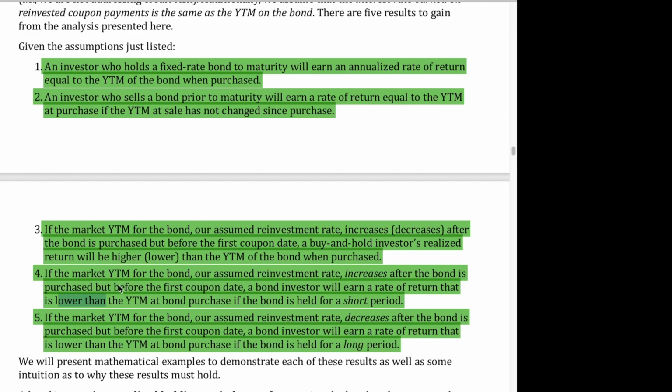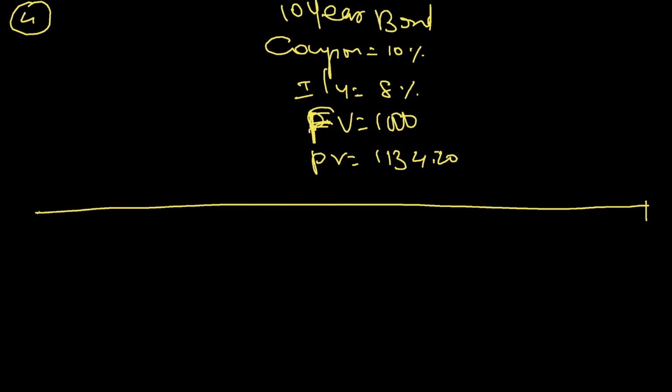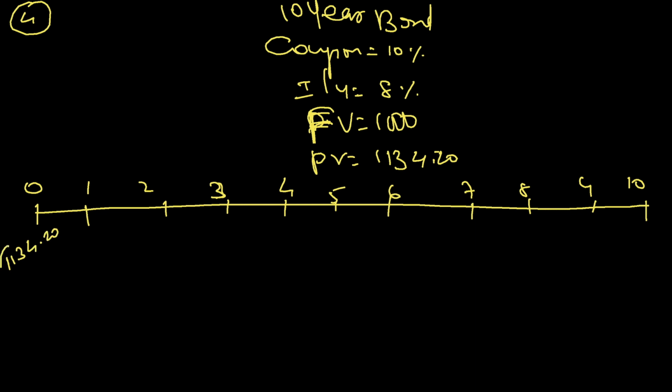So now interest rate increases after the bond is purchased. Okay, so now let me draw the timeline. 0, 5, 10, 1, 2, 3, 4, 5, 6, 7, 8, 9, 10. So 1134.20, and then 100, 100. So I'm going to get 100.